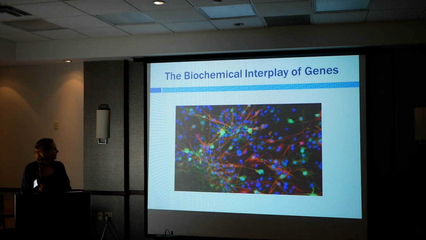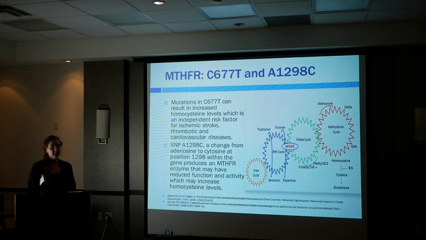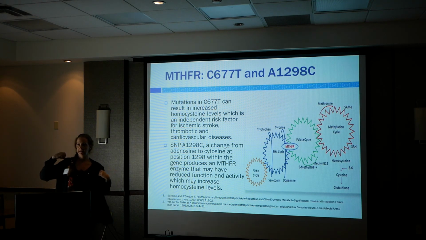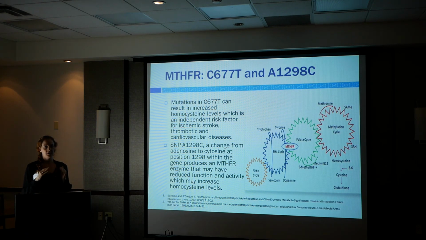So, the interplay of genes. I just want to give a quick example of how genes can affect each other, because they're affecting products that then come down the line to affect another product. An example is MTHFR.